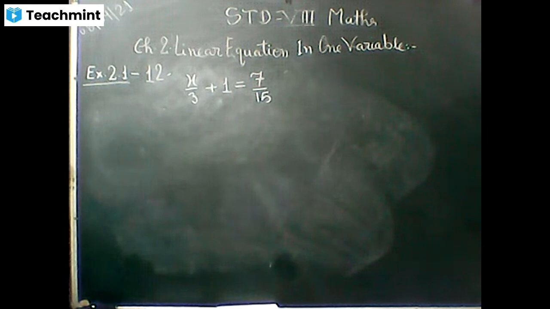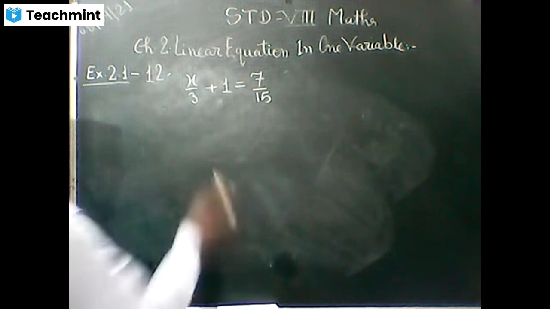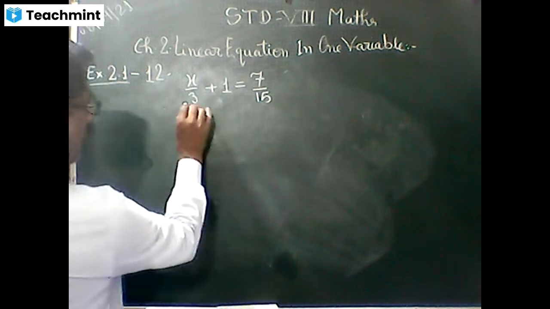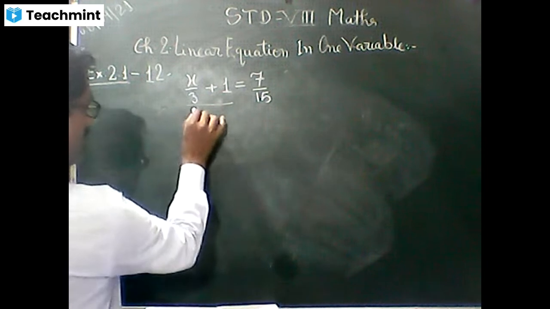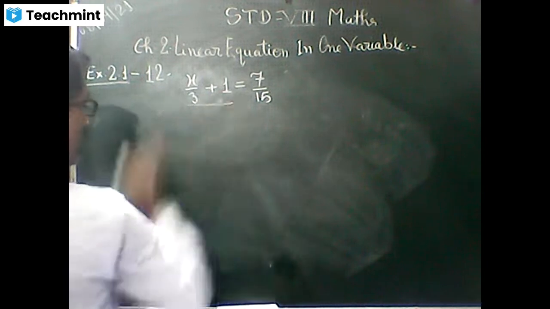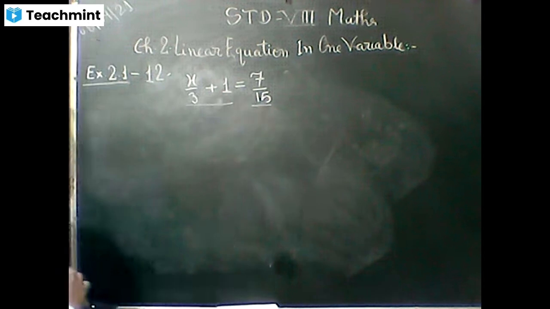If that is 7 by 15, first of all you have to identify your sides. In our left hand side there are two terms: x by 3 and plus 1. In the right hand side, you have one term.